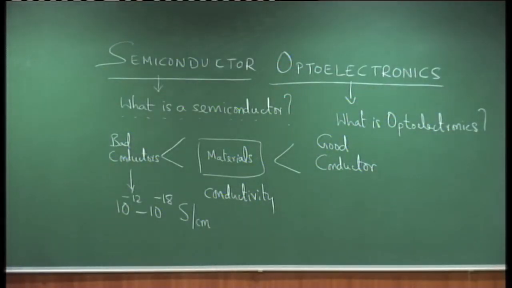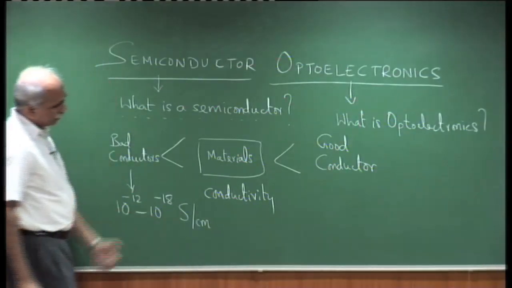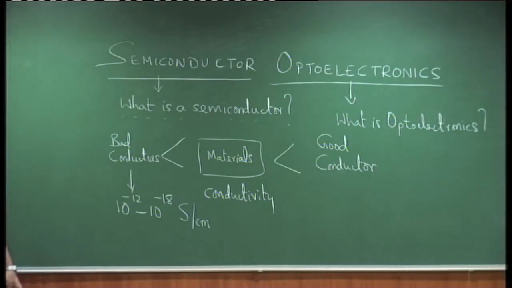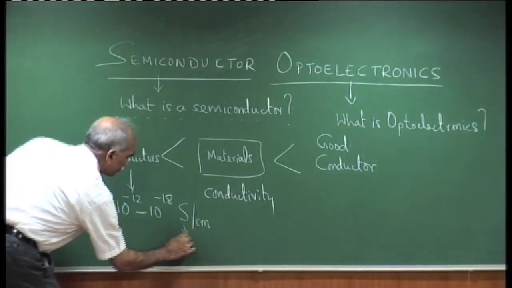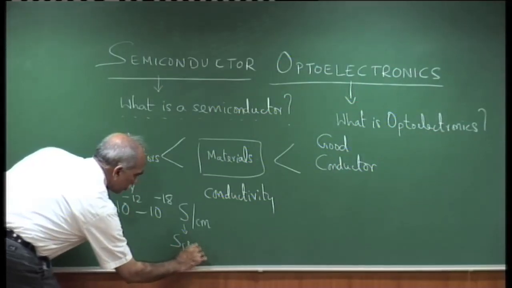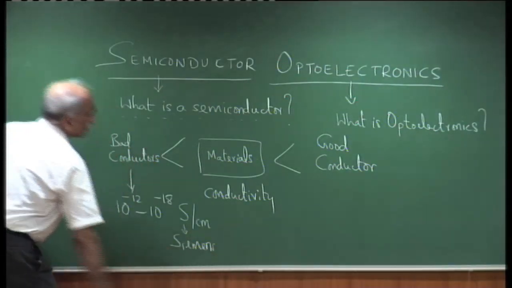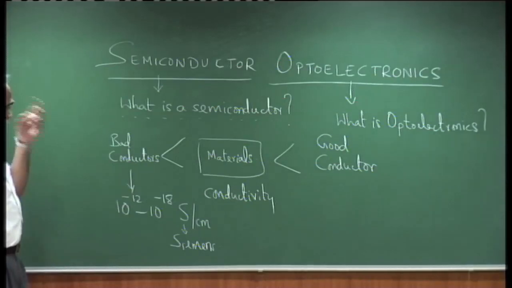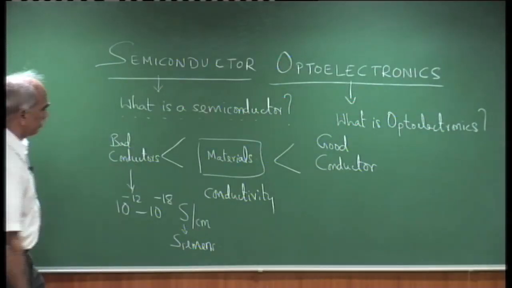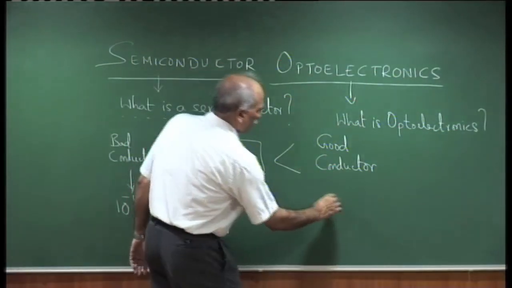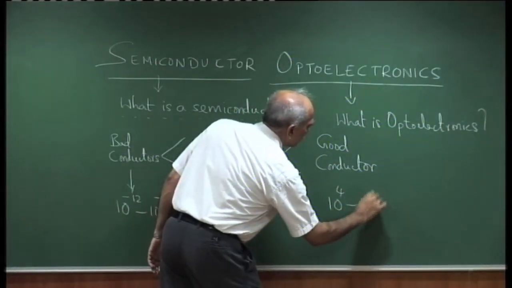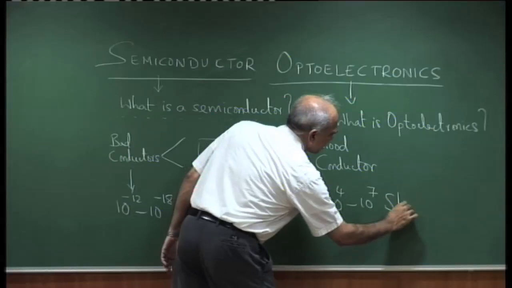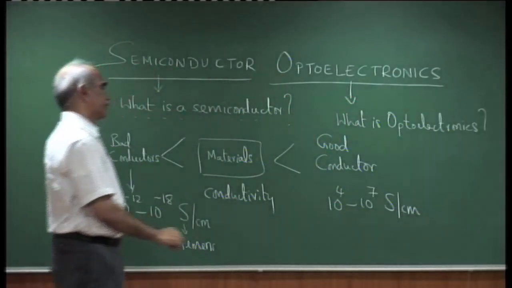Resistivity has units of ohm centimeter, so this is essentially ohm inverse, Siemens per centimeter. And for good conductors, it is typically approximately 10 power 4 to 10 power 7 Siemens per centimeter.